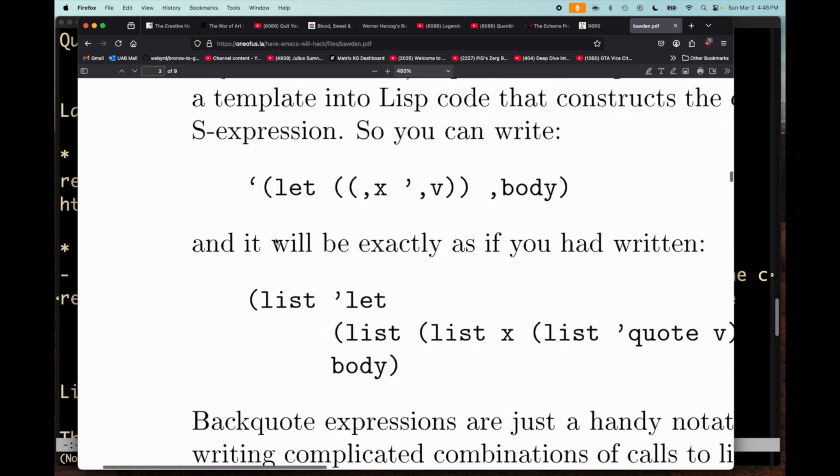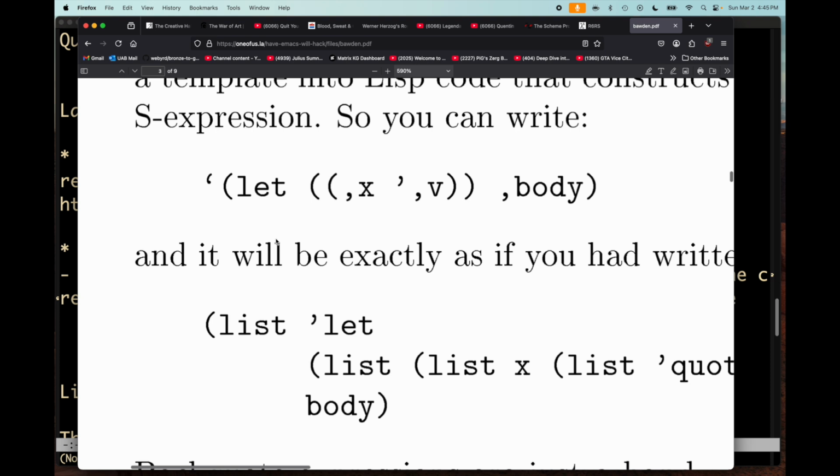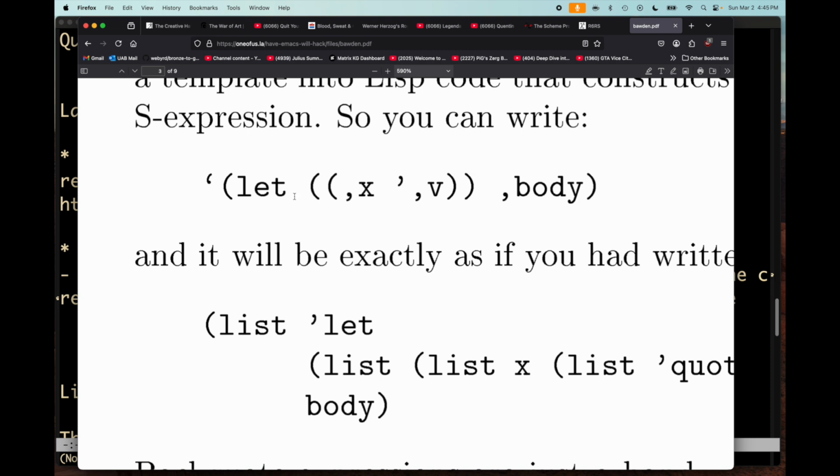Now let me just show you something here I think is worth knowing. In the standard typesetting for LaTeX, I'm sure this paper was written in LaTeX, here's the typewriter font, TT font or whatever. Okay, so the unquote, like we looked at last time, that's going to be represented as a comma, right?